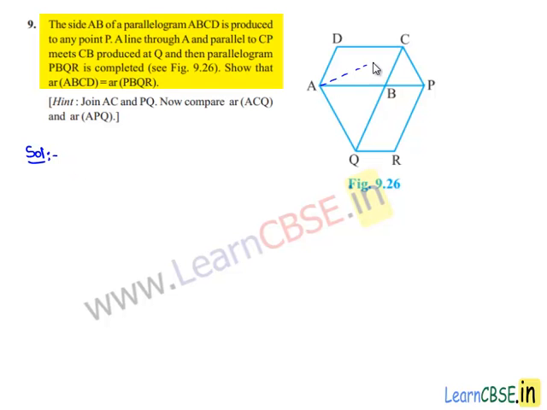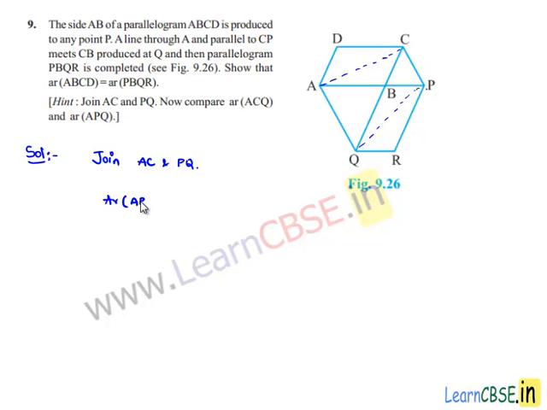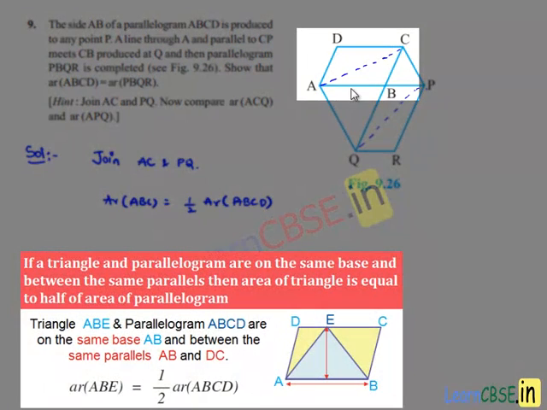Let us join AC and PQ according to the given hint. Then we get area of triangle ABC is equal to half the area of parallelogram ABCD, since the parallelogram and triangle ABC lie on the common base AB and in between the two common parallels, that is AB and CD.